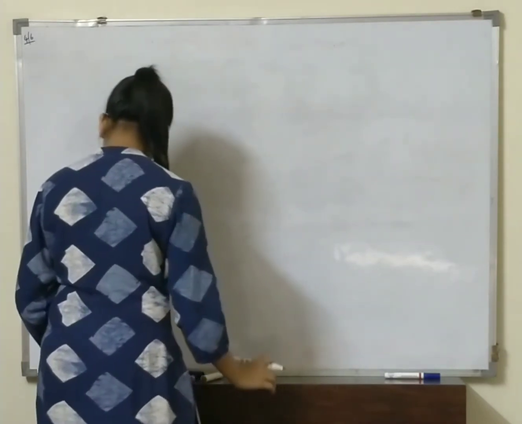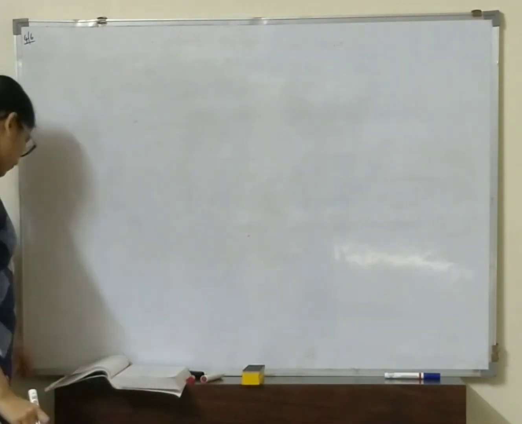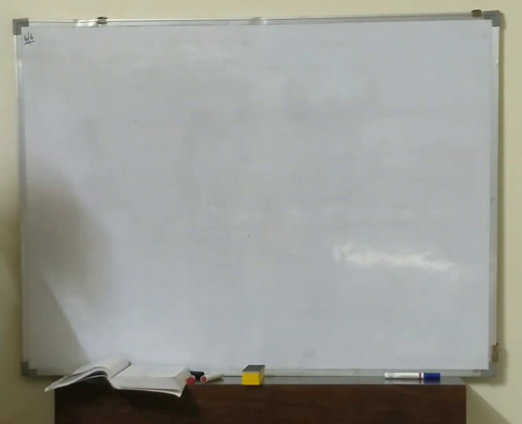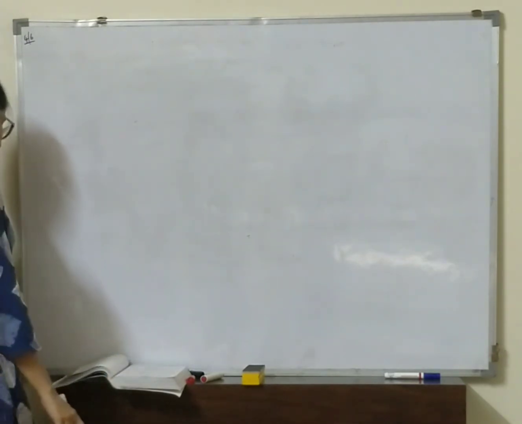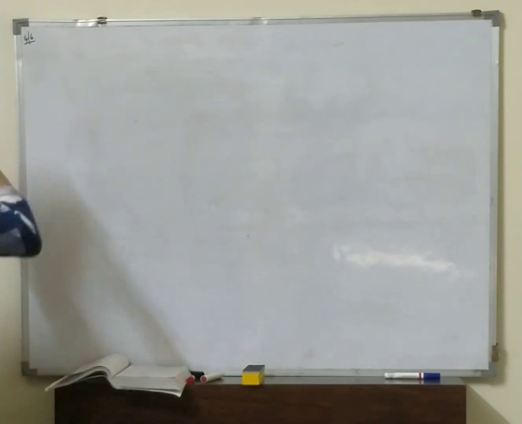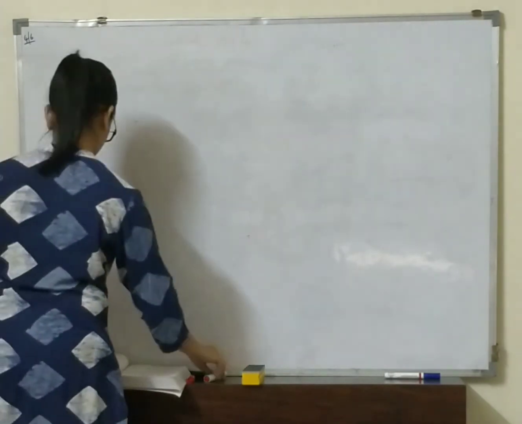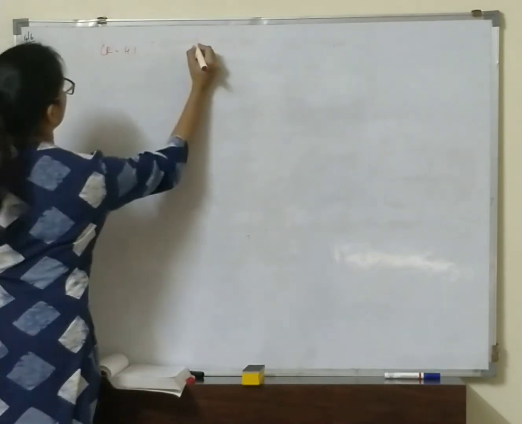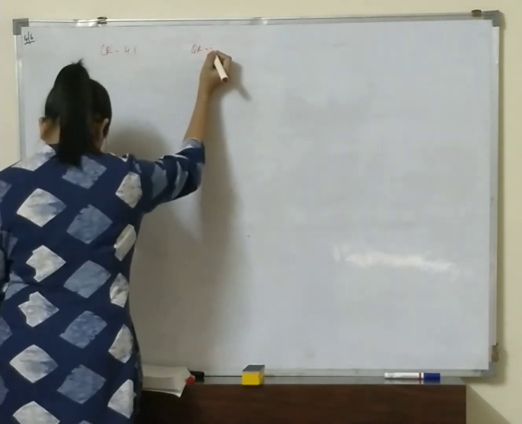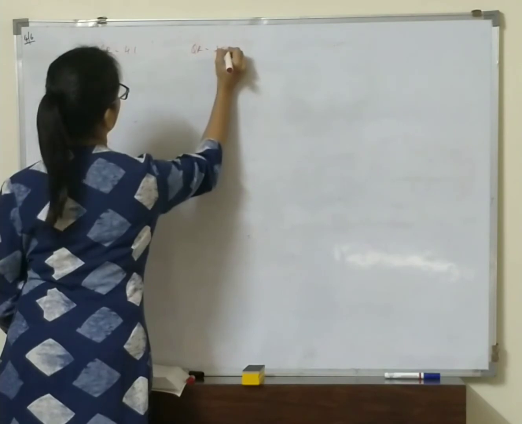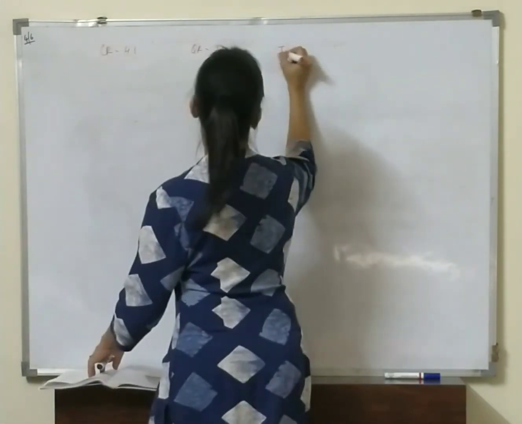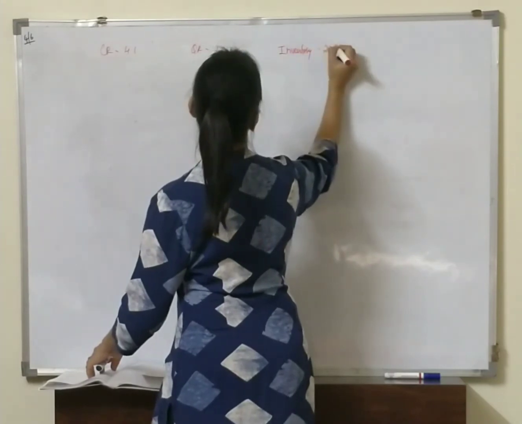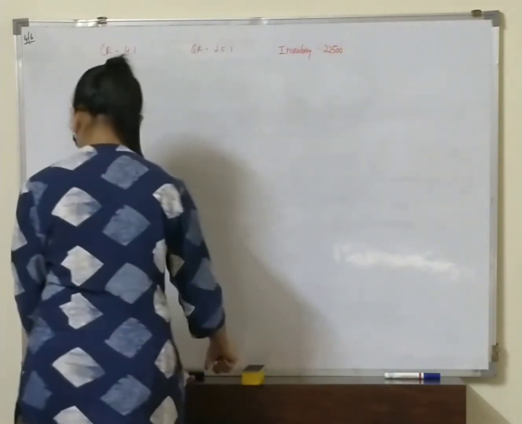Assuming inventory is 22,500, find out the total assets and total current liabilities. So again, what is given in the problem? Current ratio 4:1, quick ratio 2.5:1, inventory 22,500.